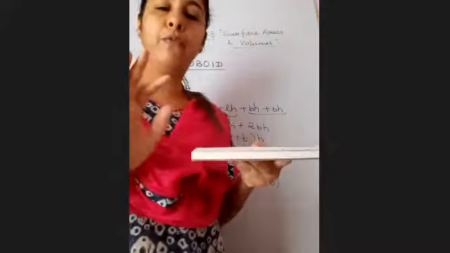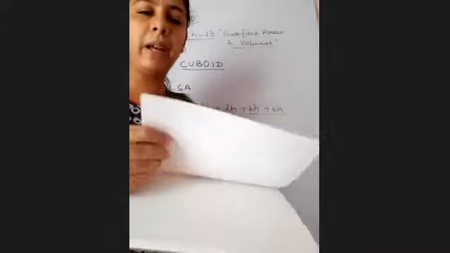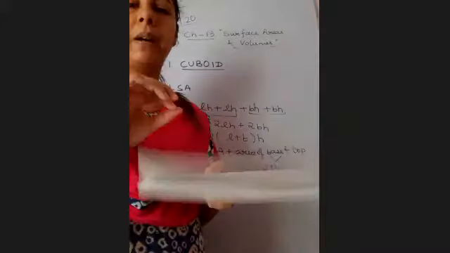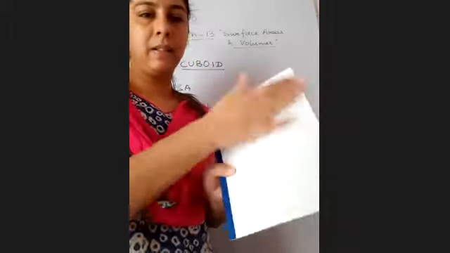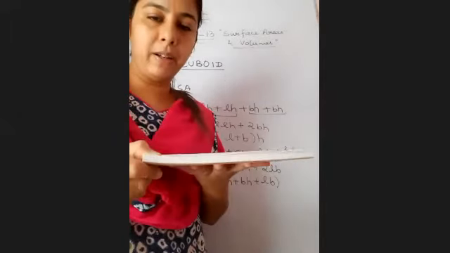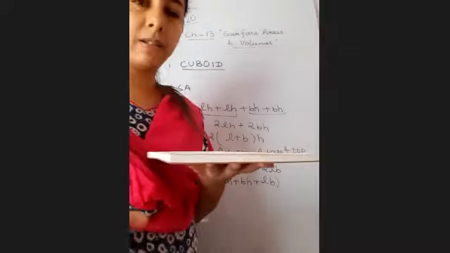What we realize now is we started with a single rectangular sheet, but that rectangular sheet has now become a cuboid. This rectangle actually changed to a cuboid. And what happened in this process?